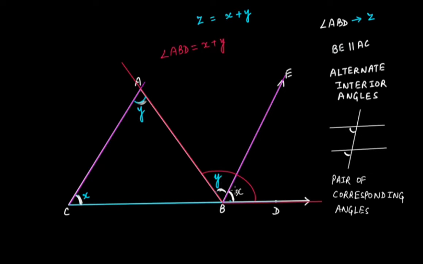So Z will be equal to X plus Y, right? Okay, so we have proved here that an exterior angle will be equal to the sum of two interior opposite angles, and this property is called the exterior angle property of a triangle.